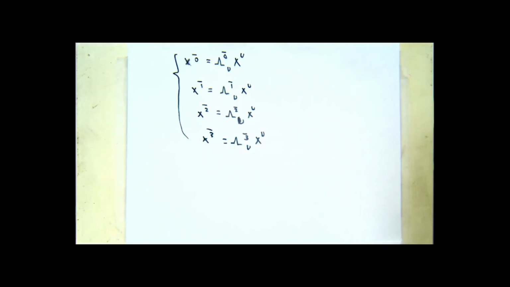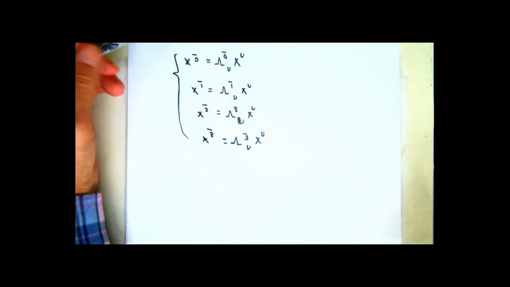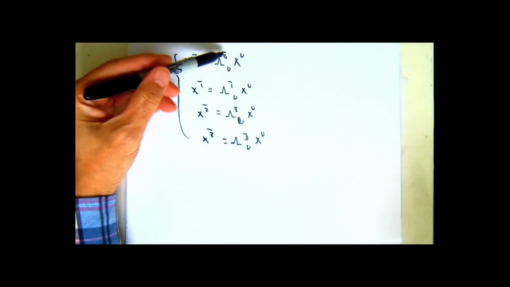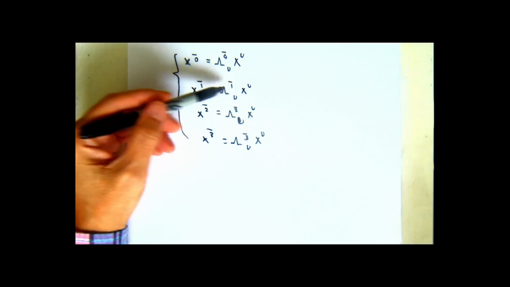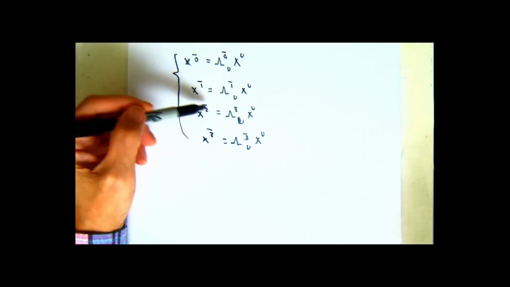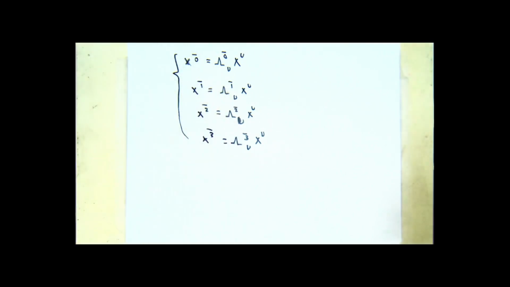Of course, a clever person will notice that the only difference between these four formulas is that I have a 0 bar upstairs in both of these, 1 bar in both of those, 2 bar, and 3 bar.